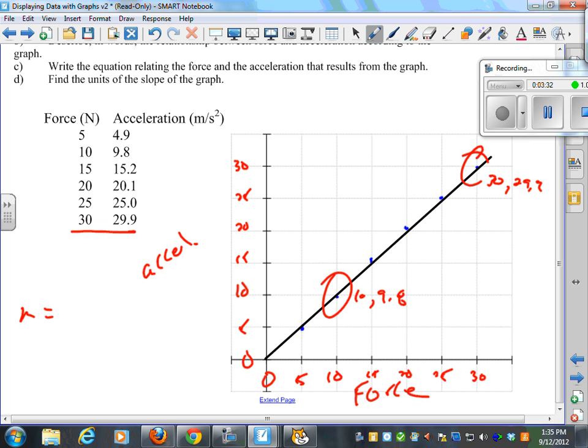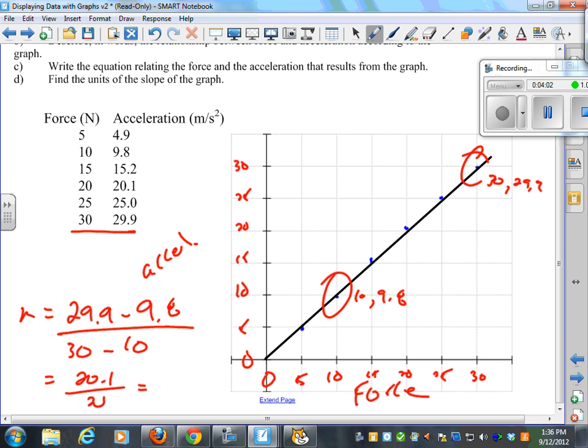So my slope is going to be 29.9 minus 9.8 over 30 minus 10, which gives me 20.1 over 20, which is practically 1.